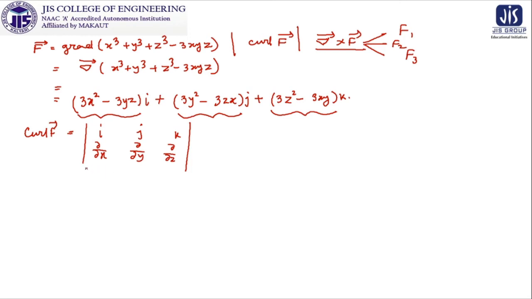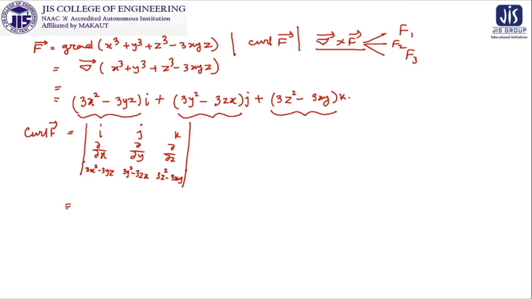F1 means 3x square minus 3yz. It will be f2, that means 3y square minus 3zx, and it will be f3, that means 3z square minus 3xy. So this will be our determinant.